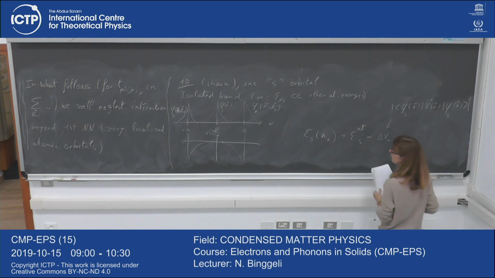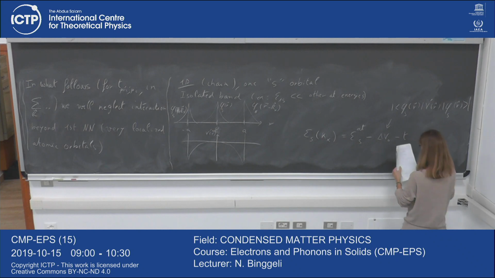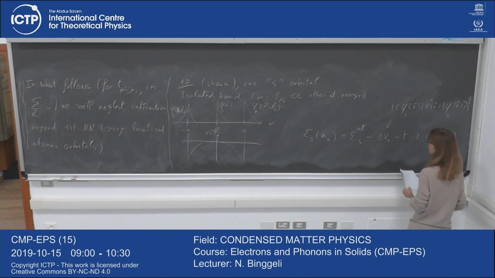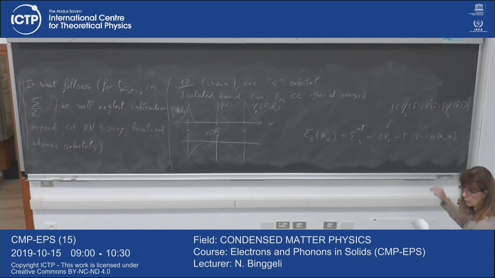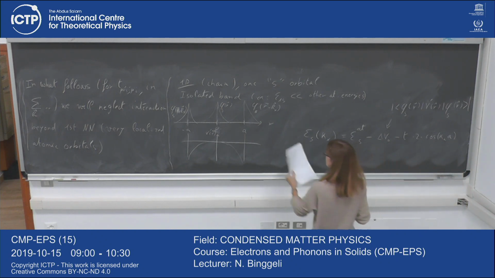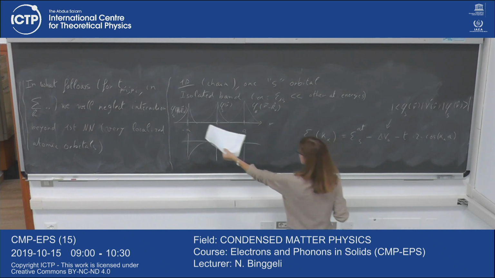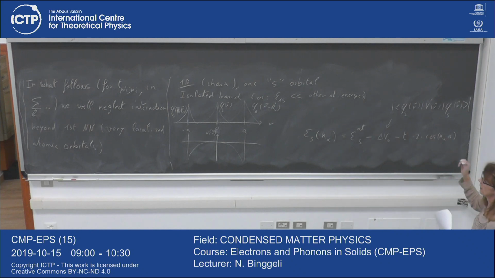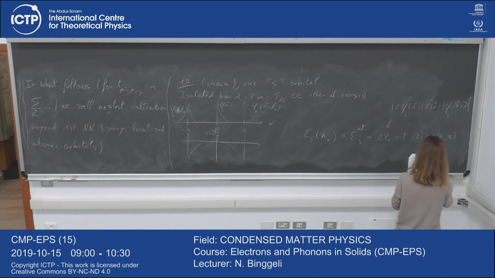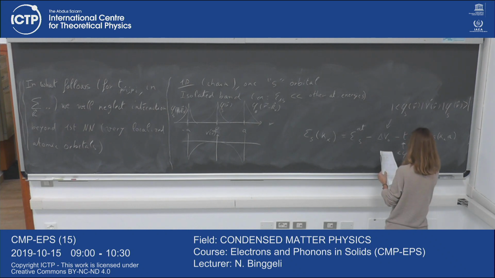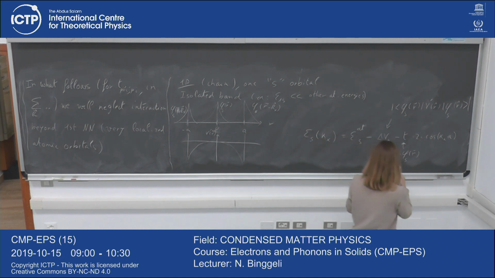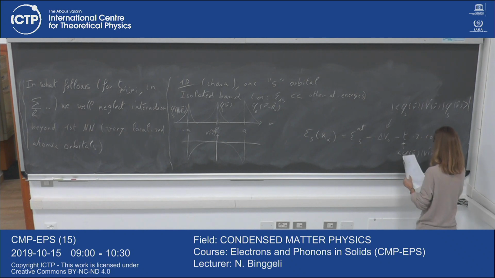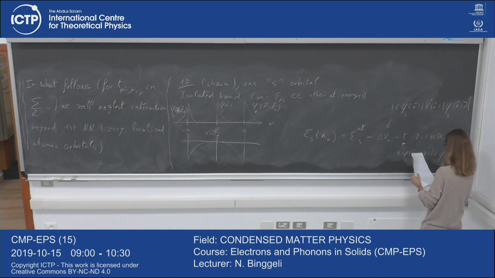And then what comes from the nearest neighbor will be a constant for the first nearest neighbors, and it will be 2 times cos kx a. This comes from the sum over the two lattice vectors R1 and minus R1, which will give me an exponential ikr, and I have here as matrix element T the Vs, the atomic wave function on my reference site, the crystal field, and the wave function on the neighboring site.